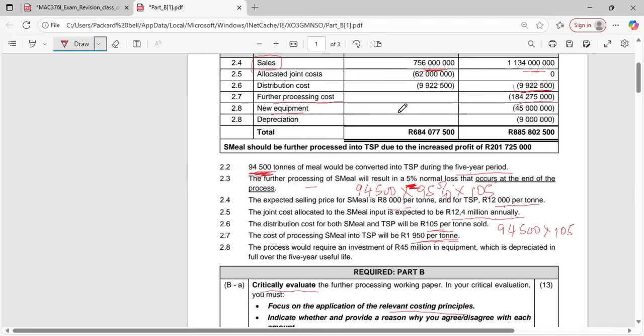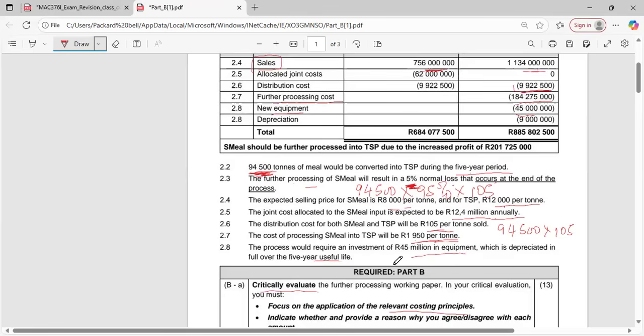New equipment. What is going to happen to the equipment? They say the process would require an investment of 45 million in equipment, which is depreciated in full over the 5-year useful life. What I'm going to do here, you are now applying your relevant costing. Is the cost of 45 million in equipment relevant to TSP?